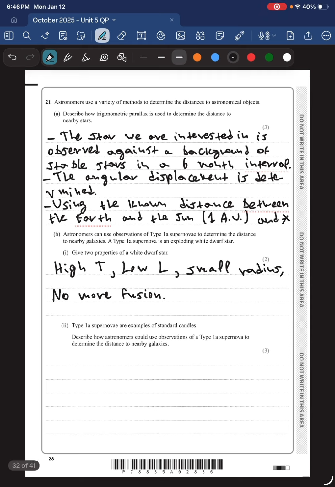So standard candles. The quality of my handwriting deteriorates as time moves on. I'm doing this in one sitting, so you get tired. So standard candles have known luminosity.